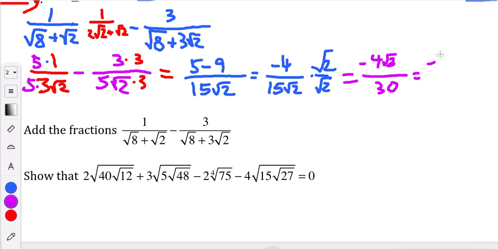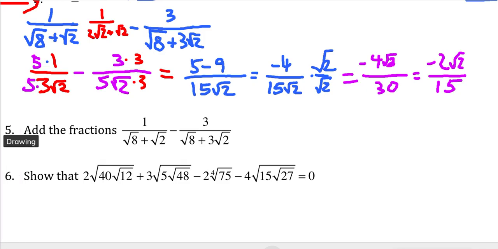So we have minus 2 root 2 over 15. Wasn't that lovely? No conjugates required. So, hooray! It wasn't as hard as we thought. And that's math too sometimes. Sometimes before you bring the battering ram, make sure the door is not unlocked. You know, just try to see if the problem is difficult or not.